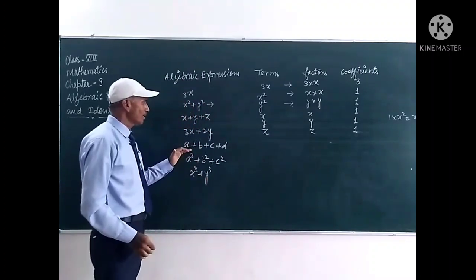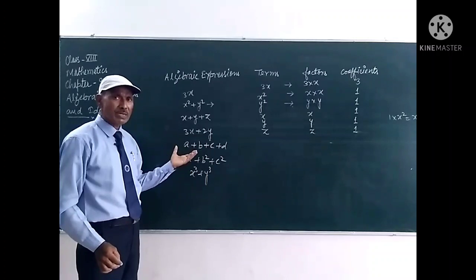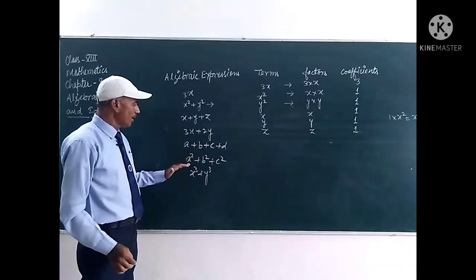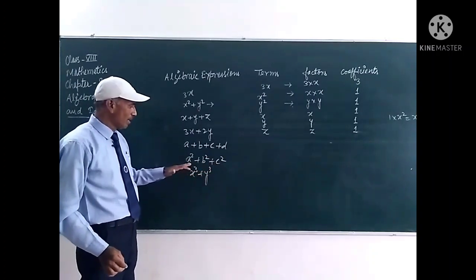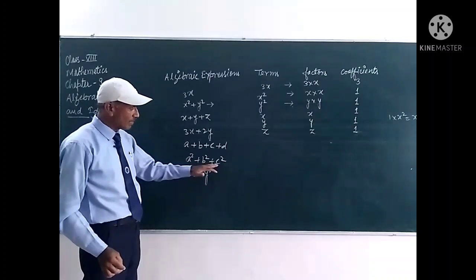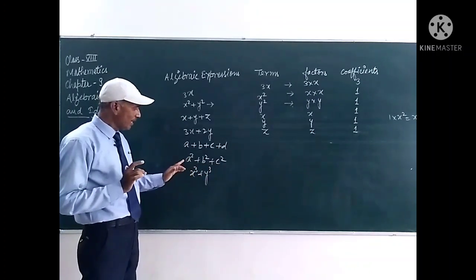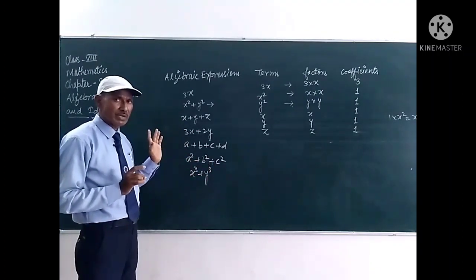And in a plus b plus c plus d, there are 4 terms, and the coefficient of each term is 1. In a square plus b square plus c square, there are 3 terms, and the coefficient of each term is 1, student.